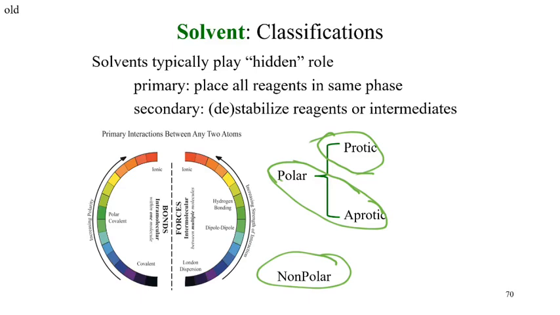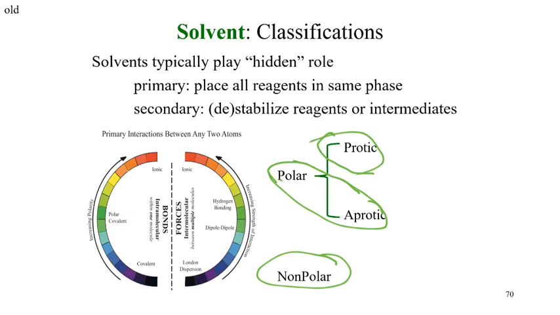Okay? I will say I tend to be less particular on solvents, so that if I want you to answer a question about solvents, I'm going to explicitly ask it about solvents. If I'm asking a question about something else, the solvent probably won't play a role. So there's 2 primary reasons for solvents. We want to get all of our reagents into the same phase, so we want a homogeneous system.